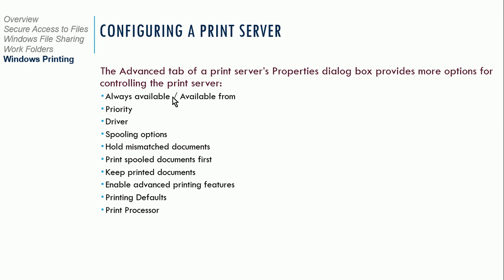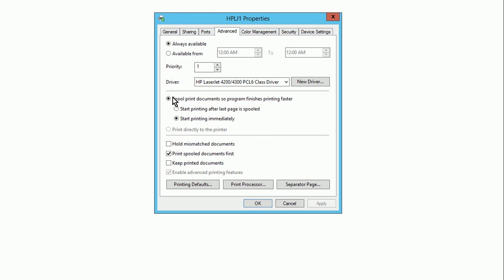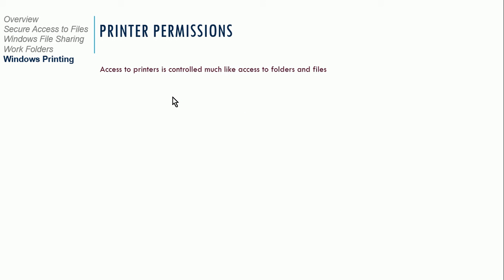So you've got a bunch of different options in here. I don't want to waste too much time going through all of these. Separator page is good if you've got a lot of people sending documents. Then it puts a separator page so everybody knows which document belongs to whom. You don't have to sift through to figure out where your print job ends and someone else's begins. So there's the printer properties dialog.